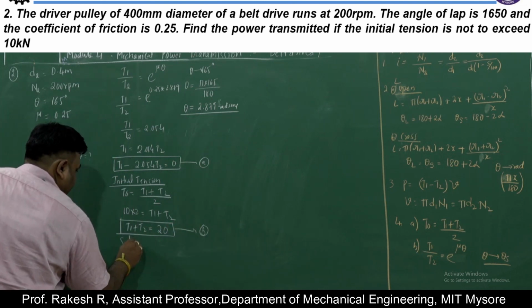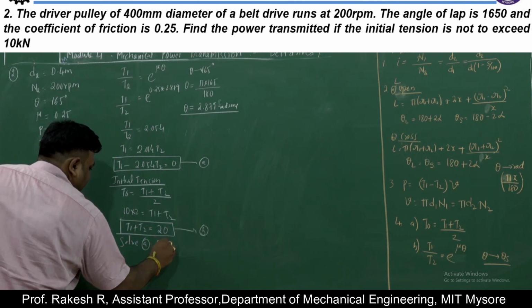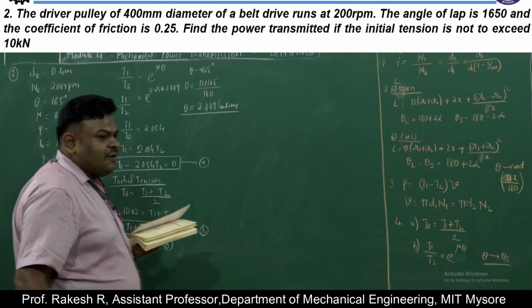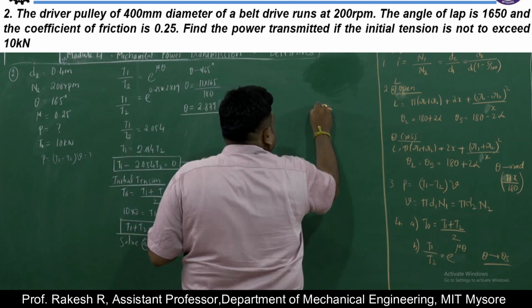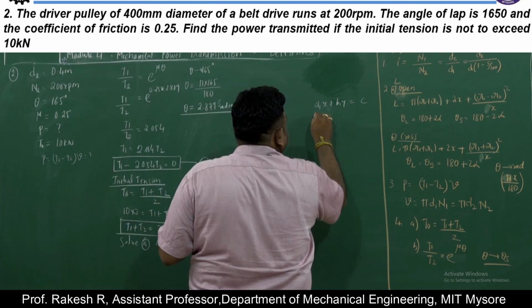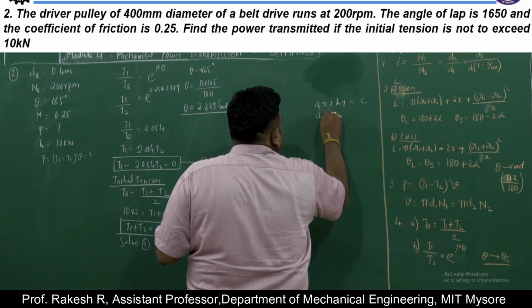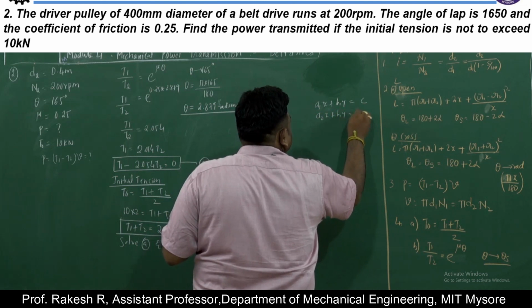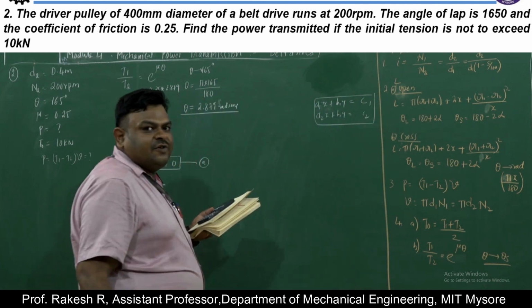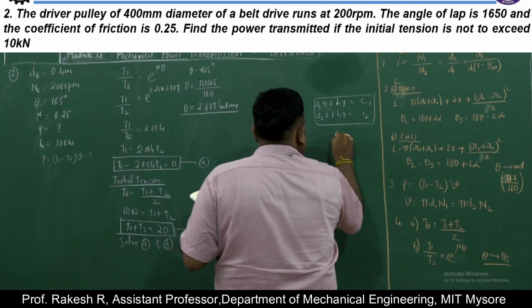Solve A and B in your calculator. How to solve this? You have two equations, A1 x plus B1 y is equal to C1, then A2 x plus B2 y is equal to C2. These values you have to give. First you have to give A1. What is A1 here?